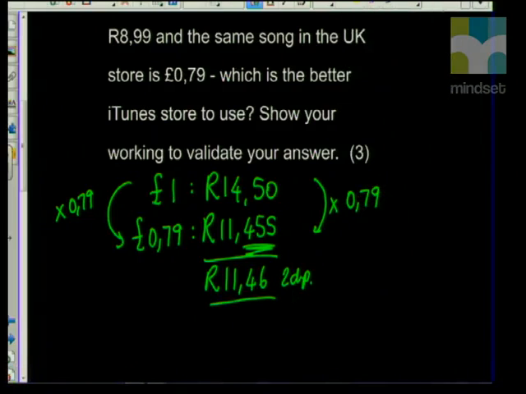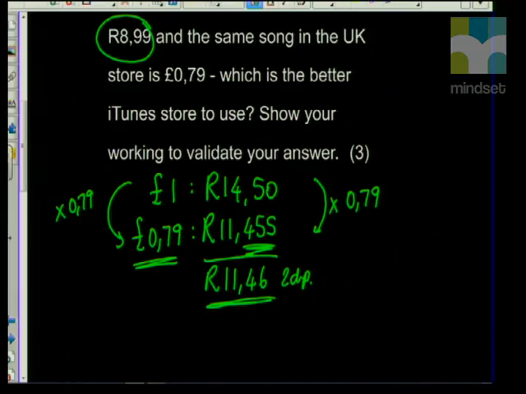Okay, they've told us that if I bought it in South Africa, it would be R8.99. If I bought it in the UK, it would be 79p, which if I convert to rands is 11 Rand 46.